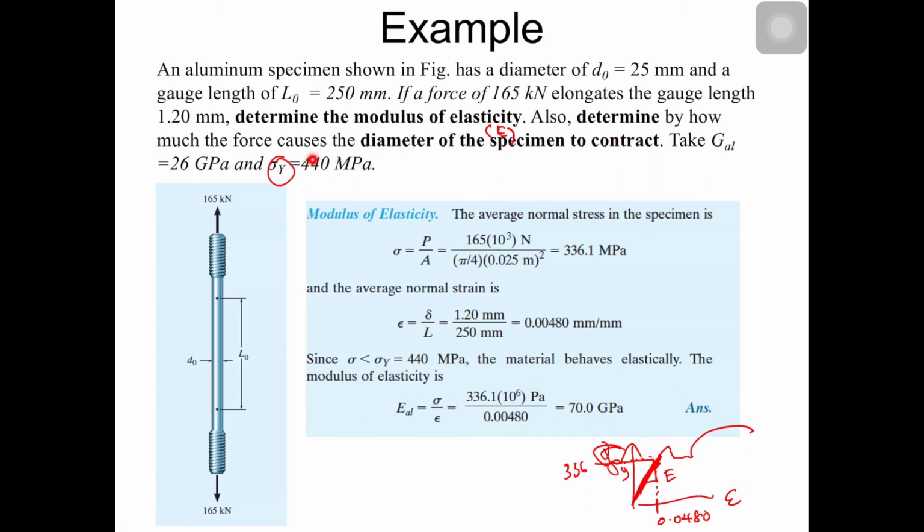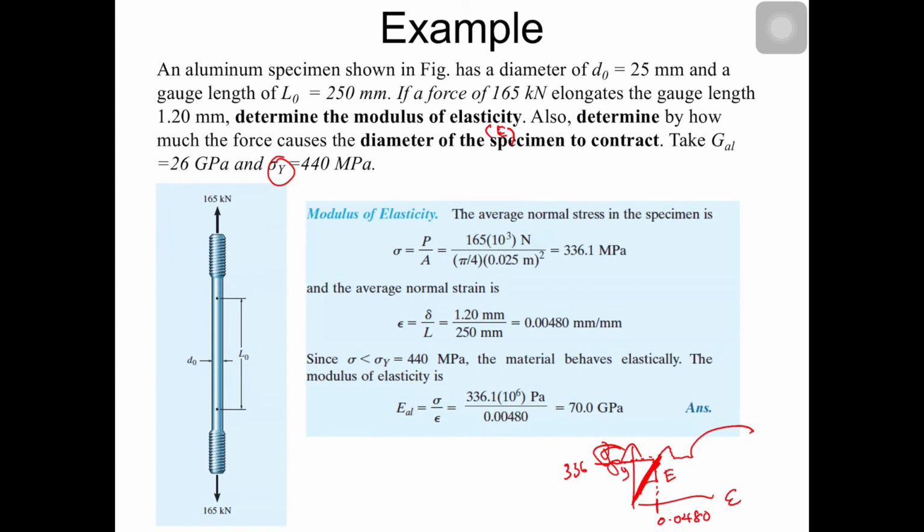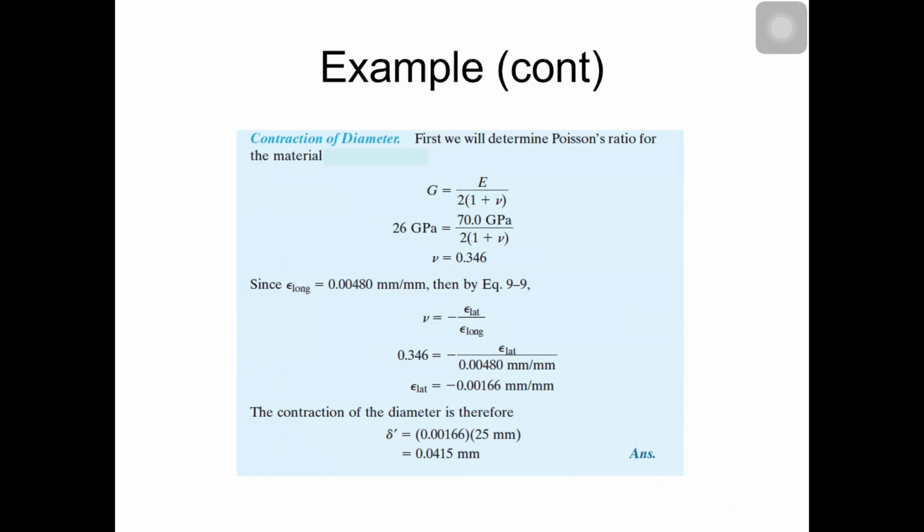Determine by how much the force causes the diameter of the specimen to contract. When we pull this, it becomes longer, but the diameter will shrink. It becomes shorter here, so they need to know how much shorter.